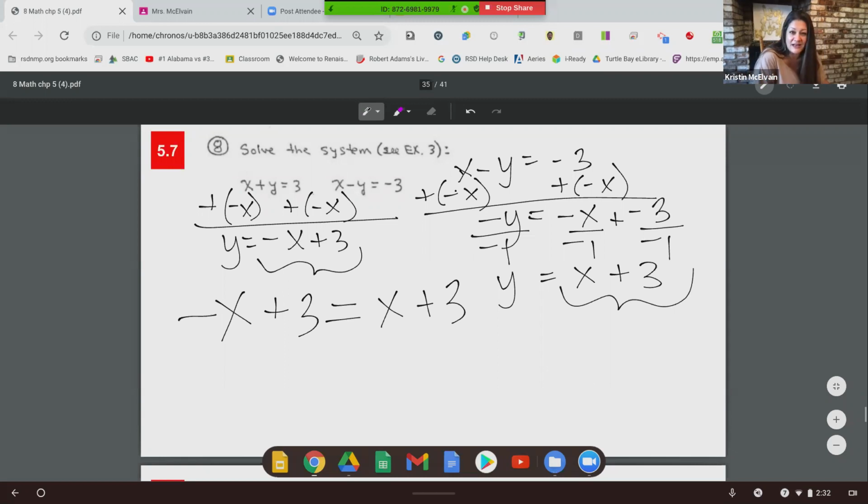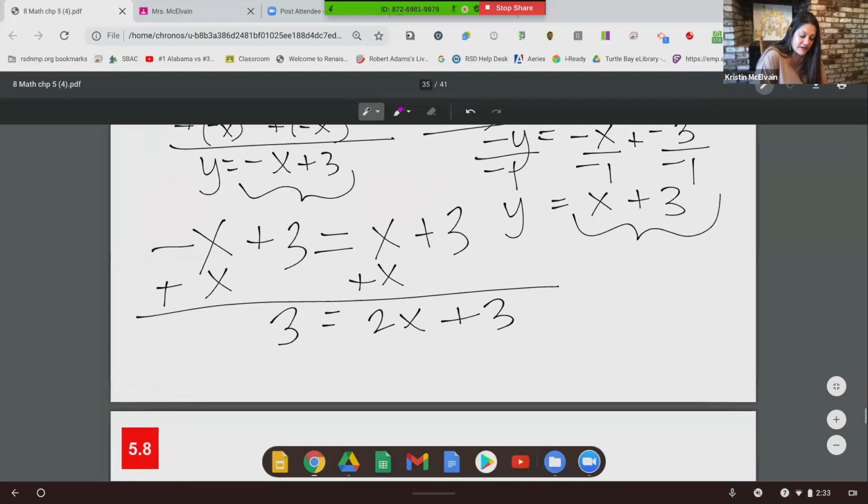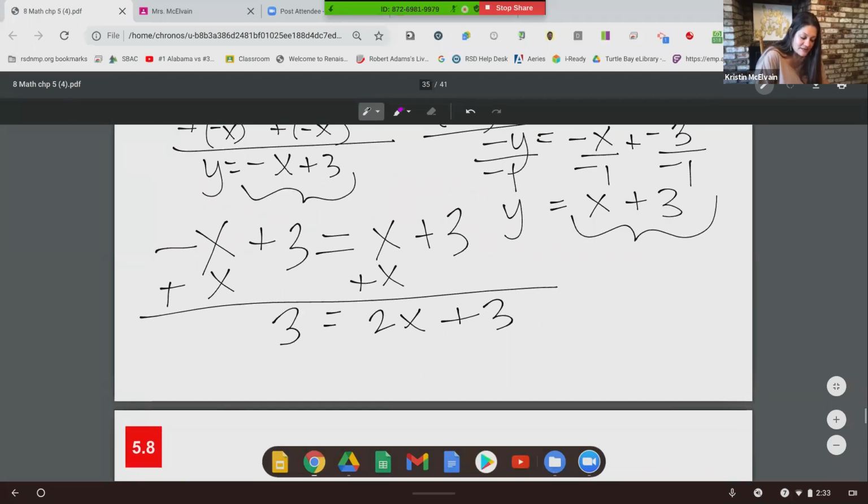And I'm going to add an x. That gives me 3 equals 2x plus 3. See where we're going? Now we're going to add the opposite here.